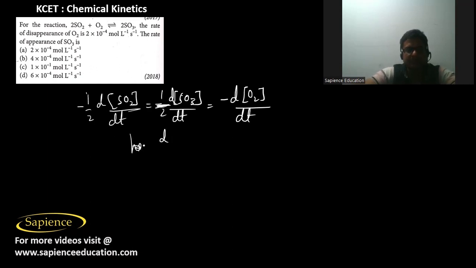So therefore, here it is told that the rate of disappearance of O2 is equal to 2 into 10 power minus 4 mole per liter per second.